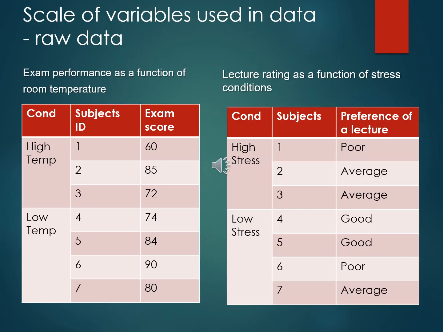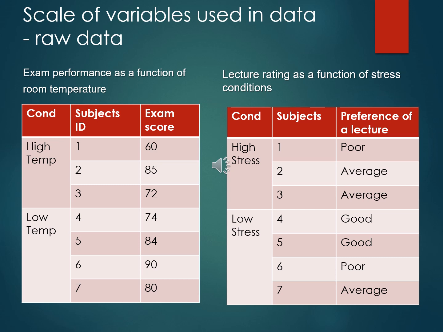You remember from statistics, the central tendency or variability measure that's appropriate for your data set is determined by the measurement scale. And the measurement scale is also going to affect what is an appropriate table or graph that you can use for the descriptive statistics. So here are two examples. Number one, on the left side, is exam performance as a function of room temperature.